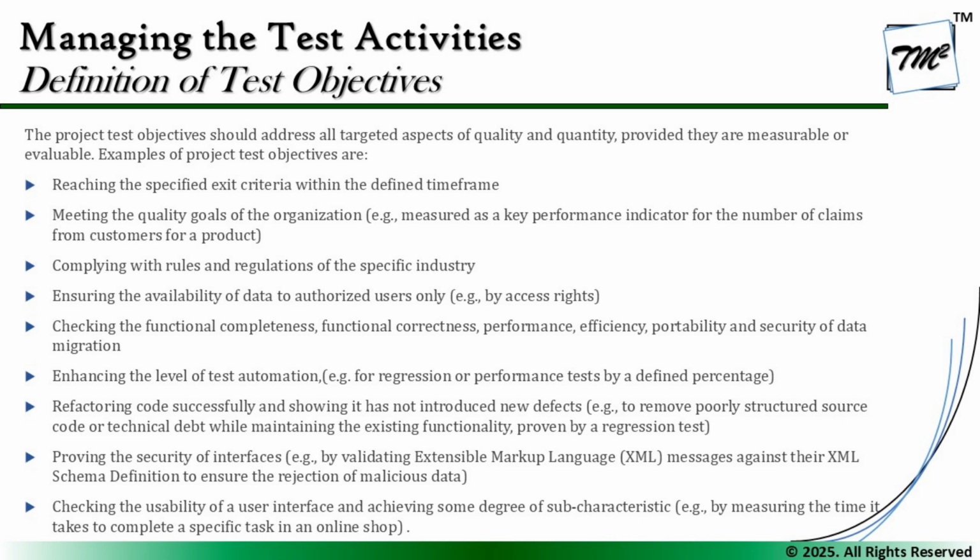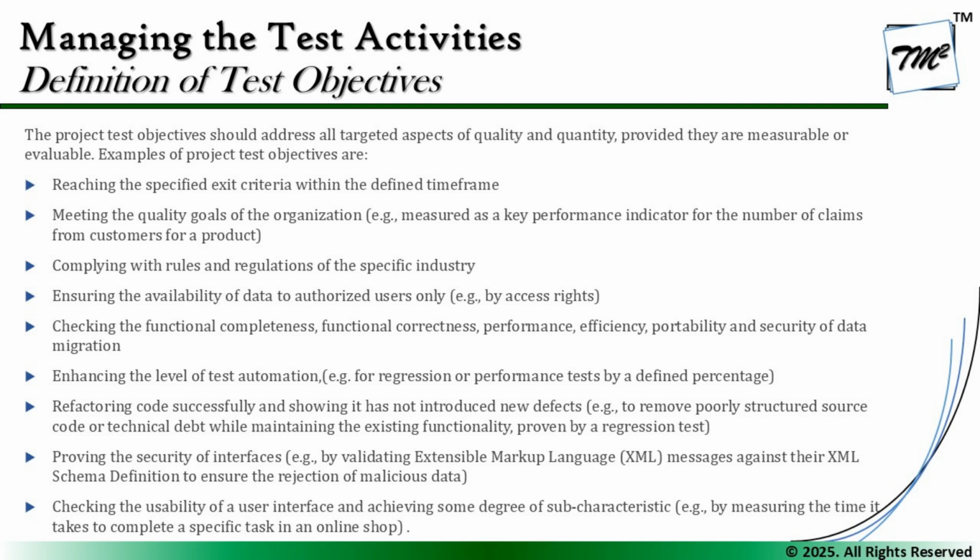enhancing the level of test automation, for example regression or performance test, by a defined percentage, refactoring code successfully and showing it has not introduced any new defects. For example, to remove poorly structured source code or technical debt while maintaining the existing functionality, proven by a round of regression test.